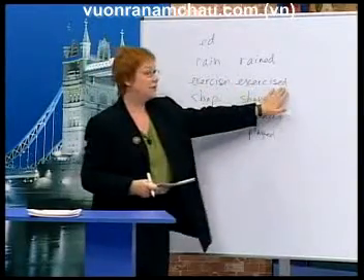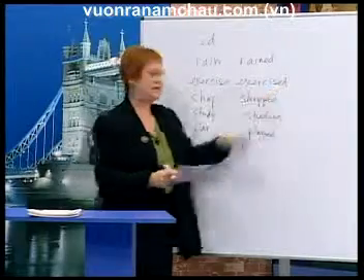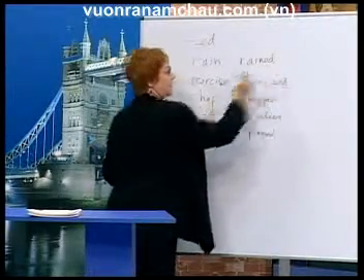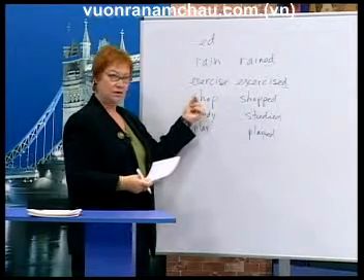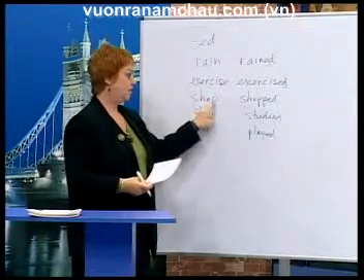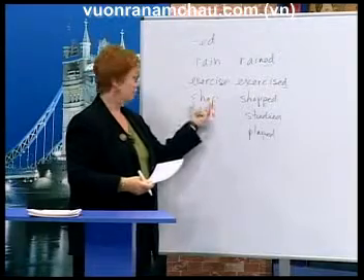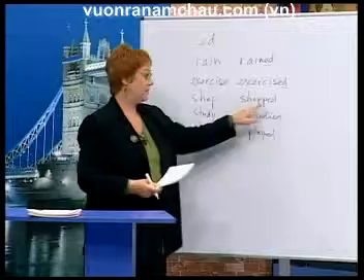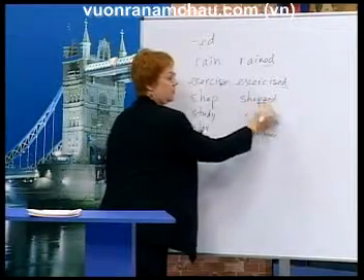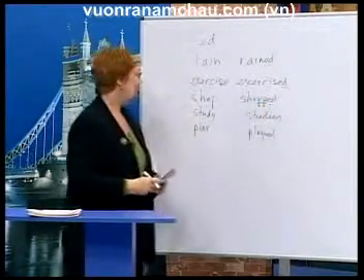Okay? We only add D. Only D. Okay? With this one, it's a short word, 1 vowel, 1 consonant, short. We have to add another one. Okay? So shop, shopped. All right?